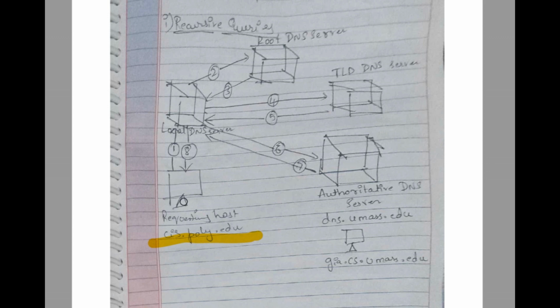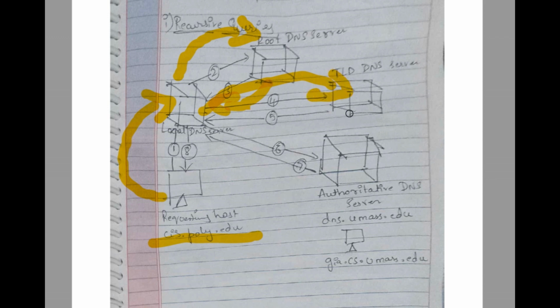The client sends the query to the local DNS server. If the local DNS server doesn't have the IP address, it sends that query to the root DNS server. The root DNS server also doesn't have the IP address, so it sends back the IP address of the TLD server. Now the local DNS server sends that query to the TLD DNS server.